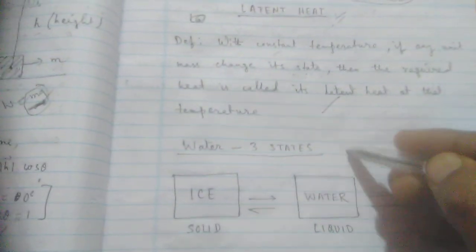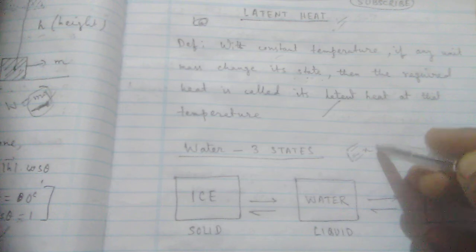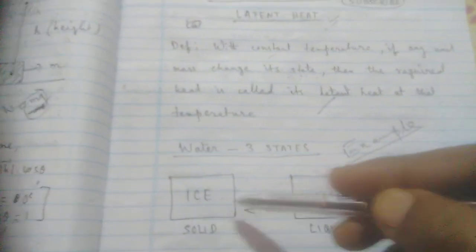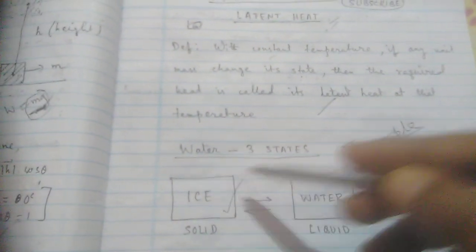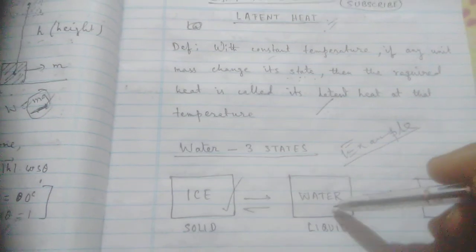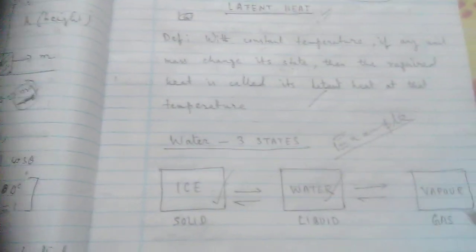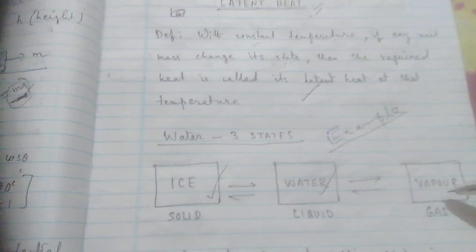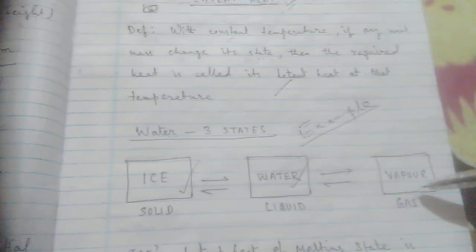Now, water as an example. Water has three states: solid, liquid, and gas. In solid state you get water in ice form. In liquid state you get water as water, and in gas state you get it in vapor form.